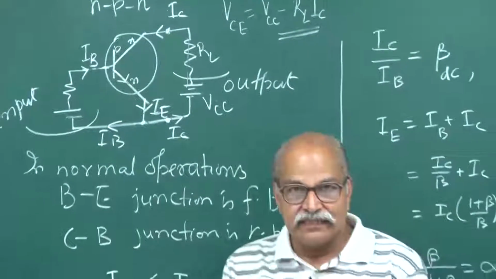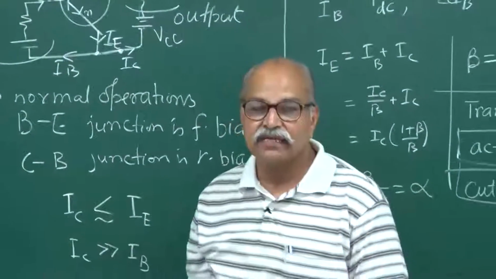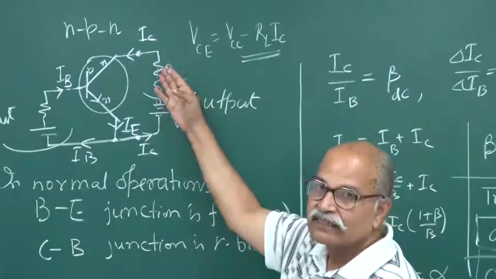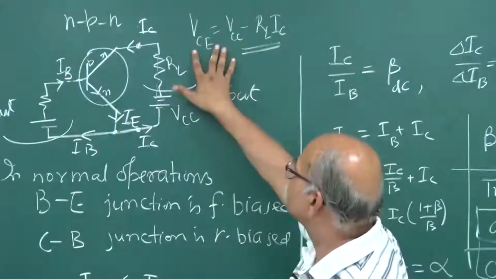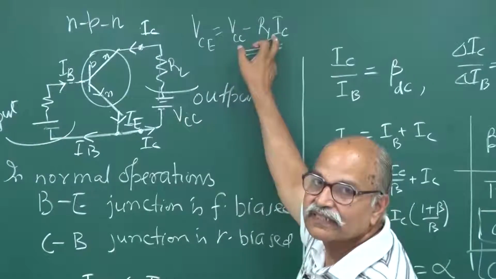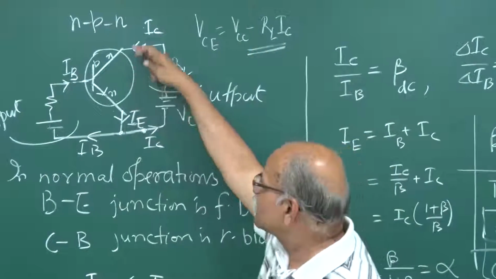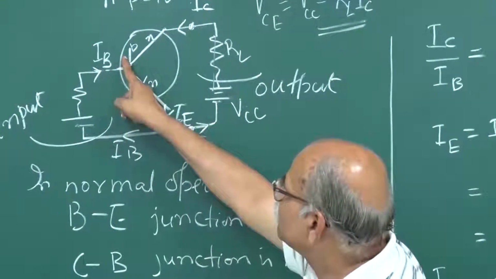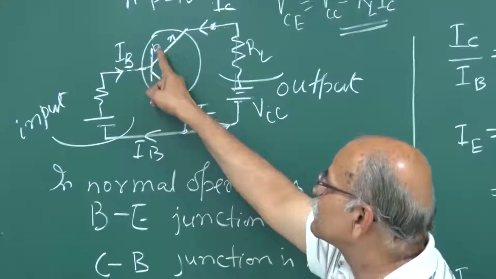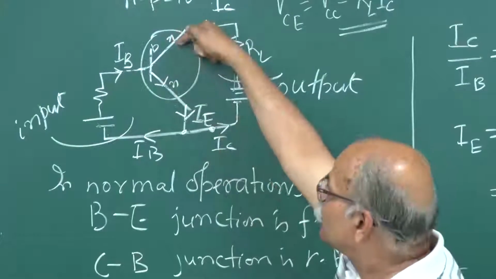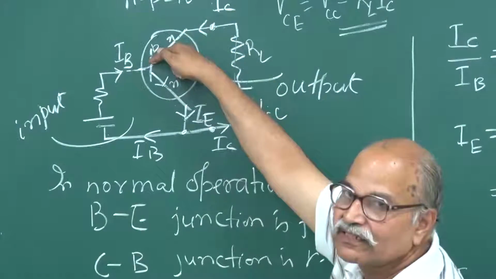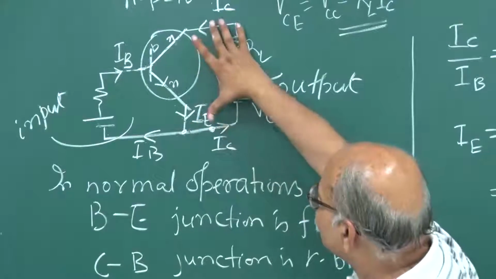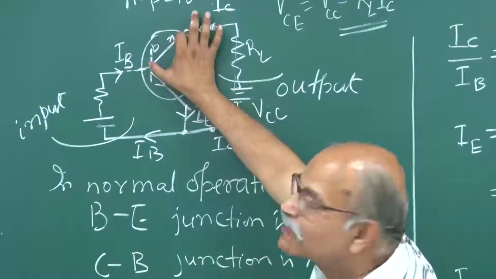In certain situations it may so happen that this current IC is large and this drop makes VCE small. And if this VCE is small, remember, you also have a drop here. Your base collector junction has to be reverse biased, so the collector voltage should be more than the base voltage, and this difference should be this one plus this reverse bias.